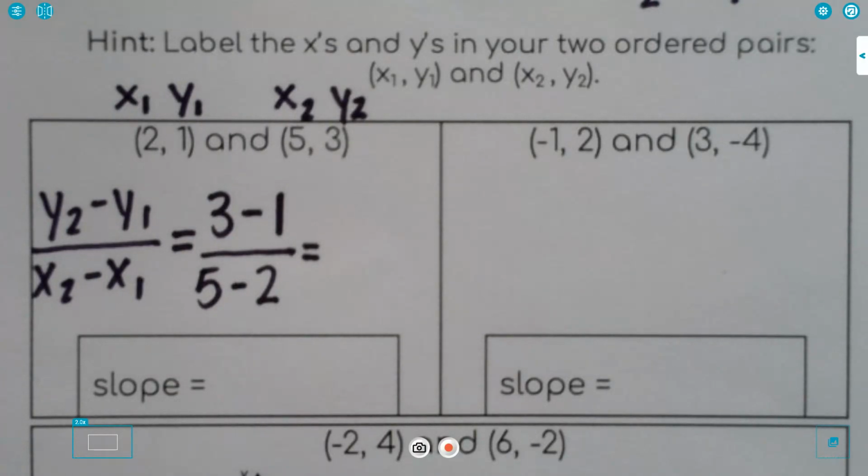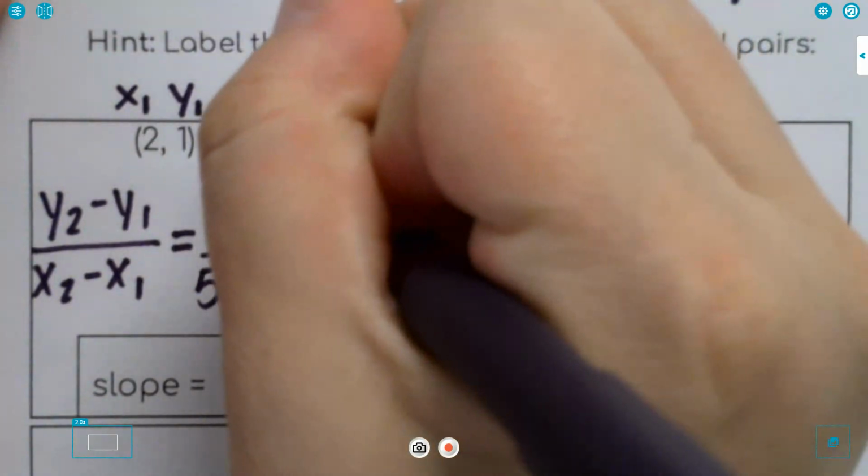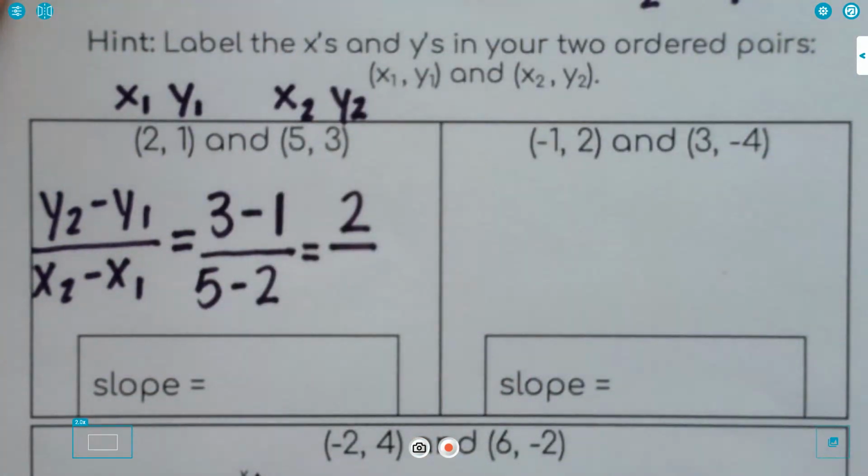Okay. On top, we have 3 minus 1, so we just do the math. 3 minus 1 is 2. On bottom, 5 minus 2 is 3.